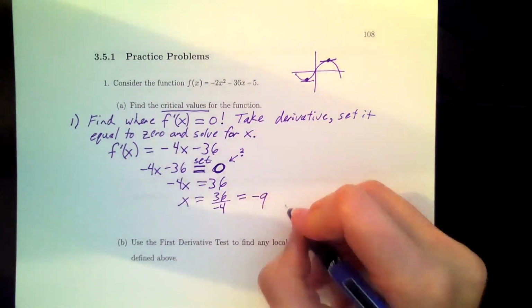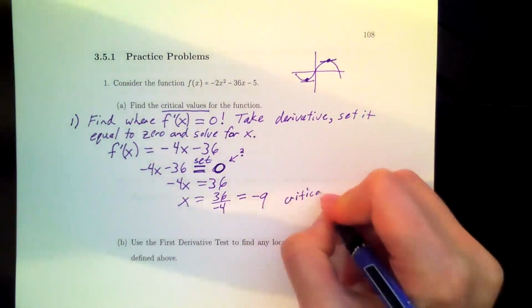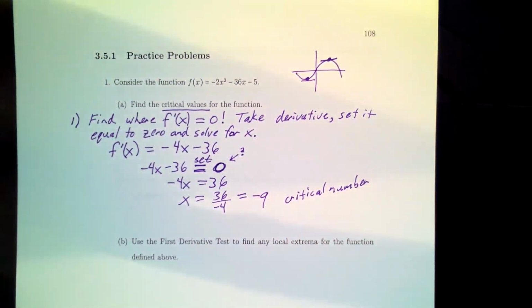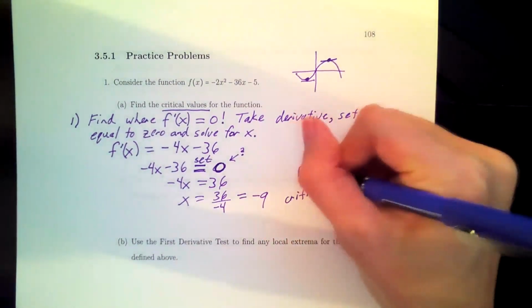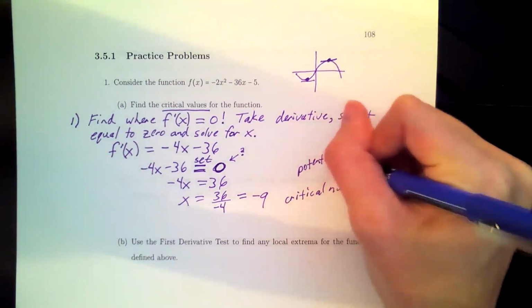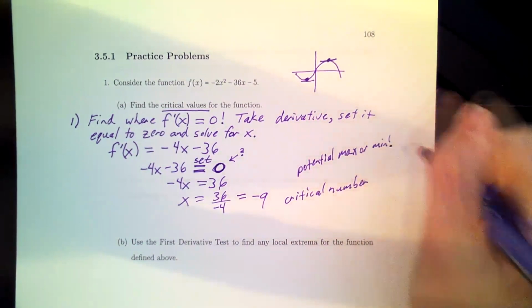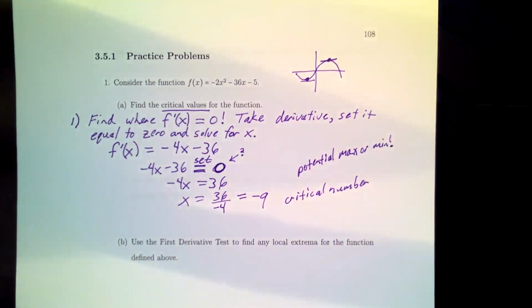This is a critical value, or you can say it's a critical number. So this means that this is a potential max or min on this graph. We don't know. We'd have to test it, but it's potentially one.